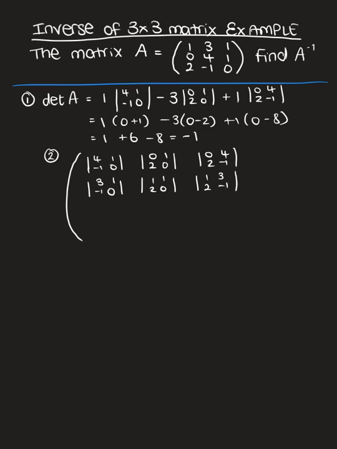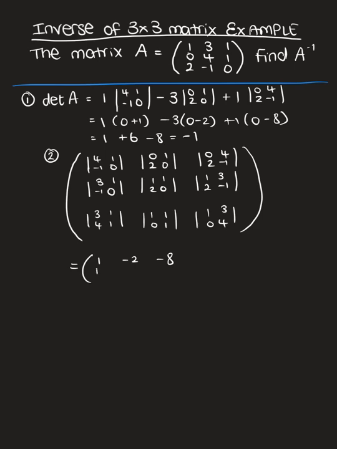So this is the matrix of the minors, isn't it? These are all the minors of each. So 3, 1, 4, 1. And then the minor of the next one is 1, 1, 0, 1. And then the last one is 1, 3, 0, 4. If we work those all out, it comes out as 1 minus 2 minus 8, 0, that's 1.